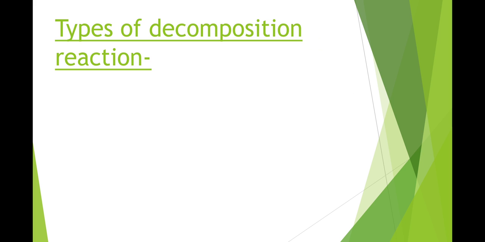Now this decomposition may be of three different types. It depends on which factor is decomposing our reactant, that is, by which factor our reactant is decomposing. The first one is, do you remember the sign? Yes, it is heat.